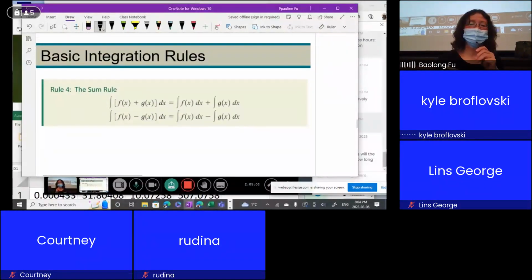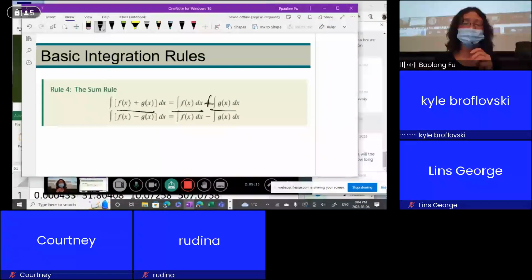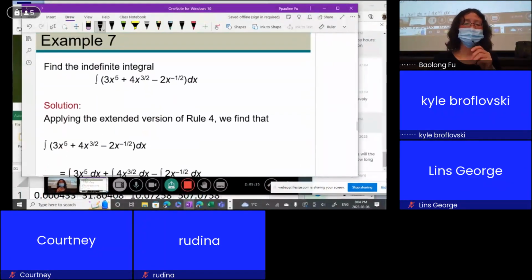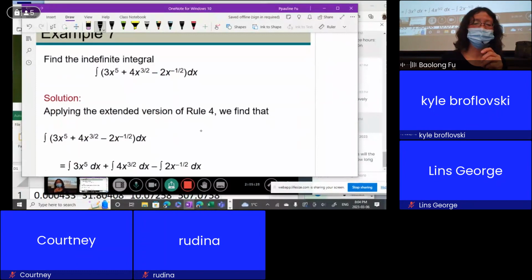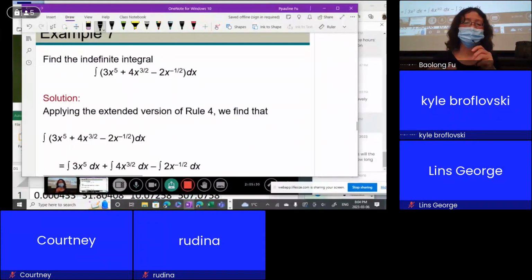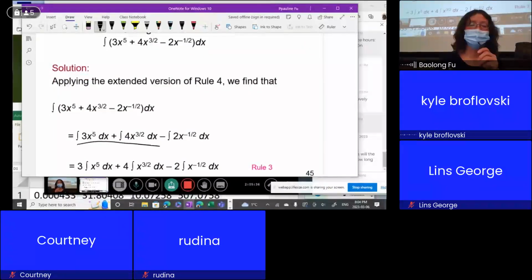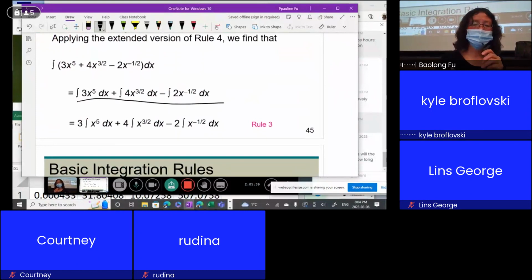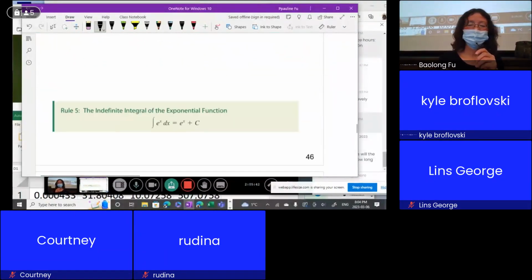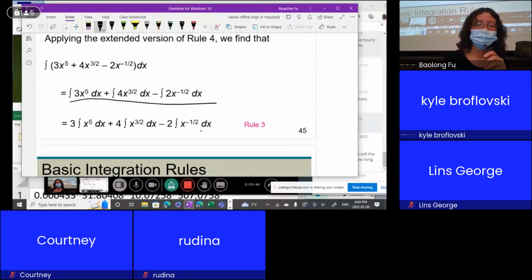Another basic rule: if you have two functions added together, take the integral separately, then add the results. If you have two functions with subtraction, take the integrals first, then subtract. Take this example. This is the same as taking the integral of the individual functions. Find each individual integral.